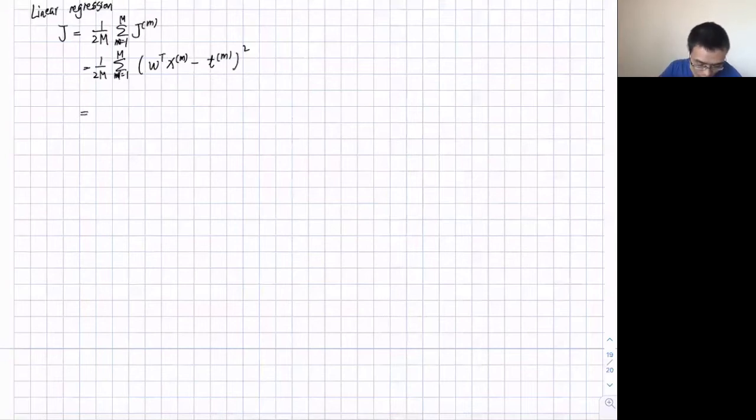Or equivalently, you can represent it as XW minus T, but the L2 norm squared, okay?